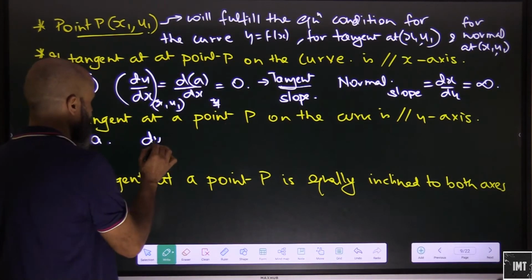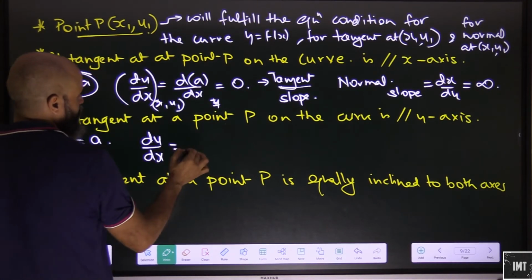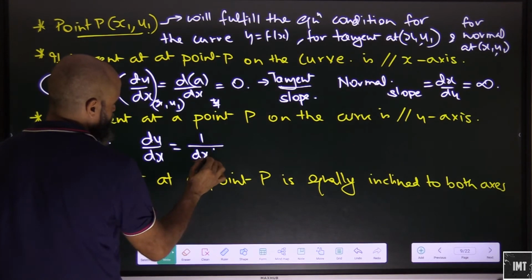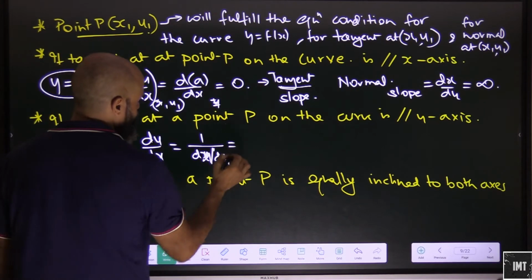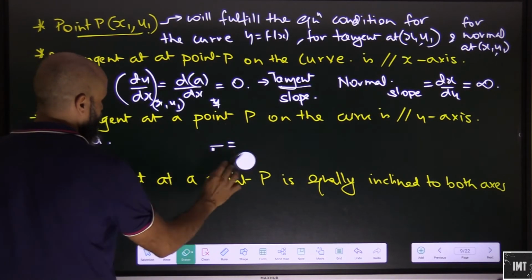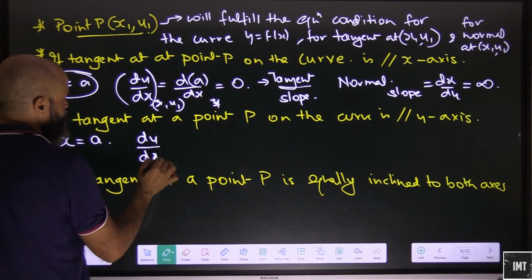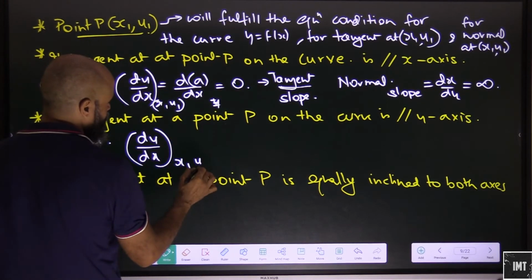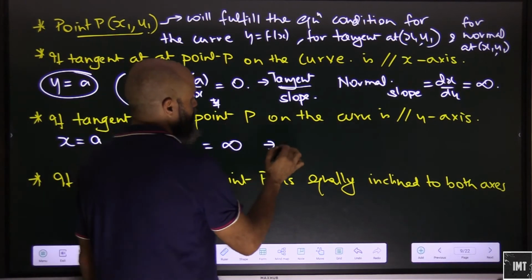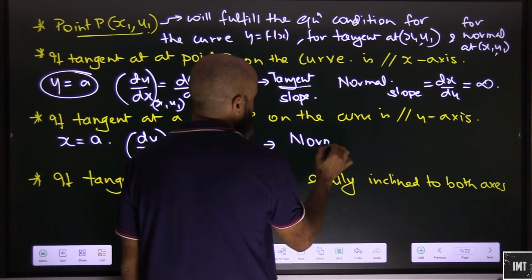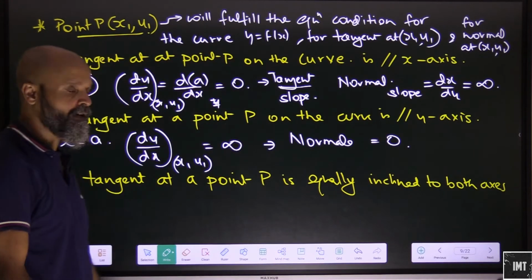In that case dy/dx will become 1 by dx/dy, that will be basically 0, so dy/dx at (x1, y1) is going to become infinity. And in the same way the normal here will have a slope of 0.